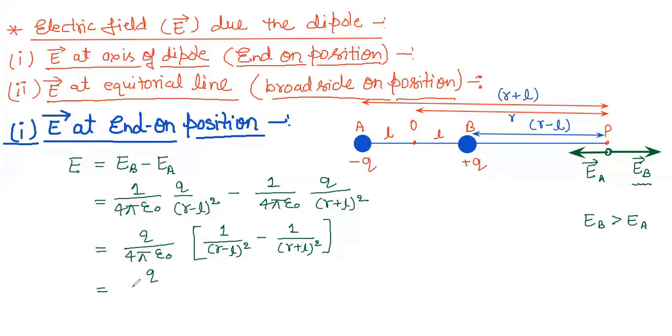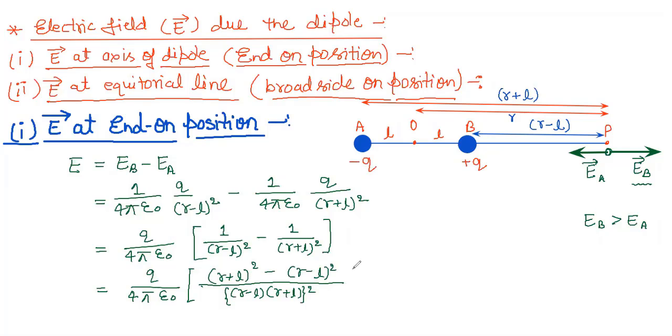Now Q upon 4 pi epsilon naught, take the LCM, it will be R minus L, R plus L, and we can write the whole square. And here will be R plus L whole square minus R minus L whole square.